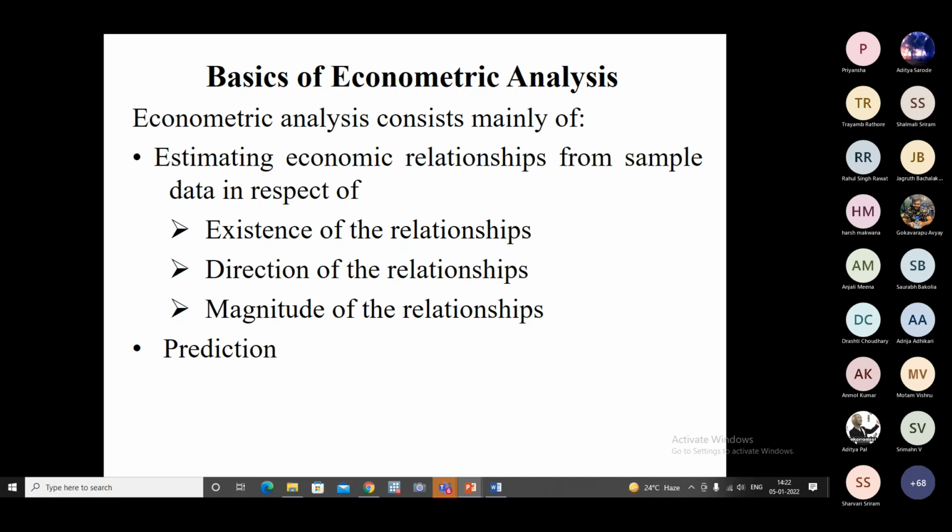And after I estimate some such model, now I can compare the coefficients. The coefficient of fertilizer use, the coefficient of irrigation, the coefficient of say high yielding variety seeds.